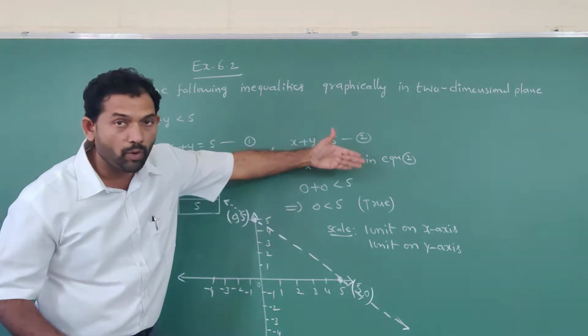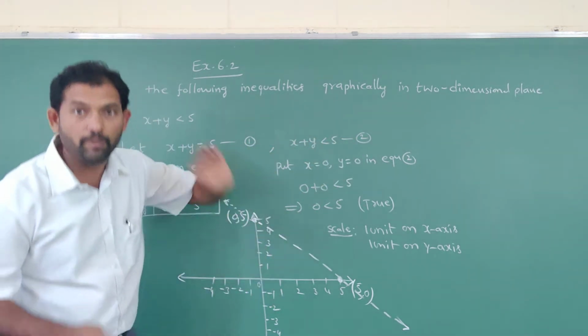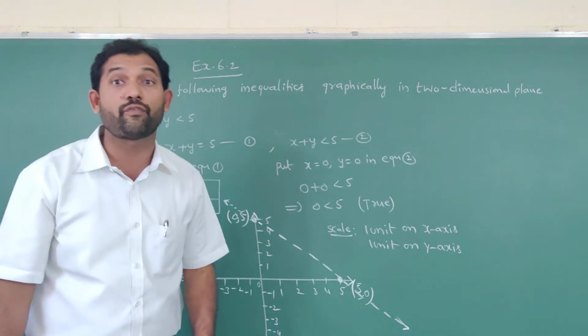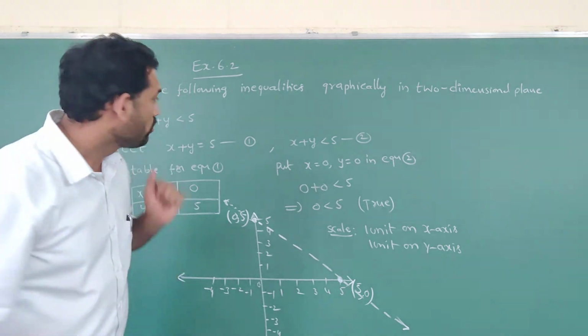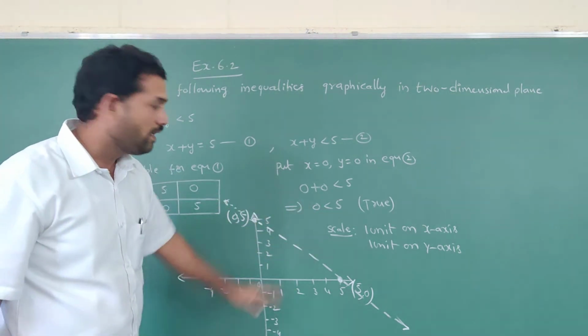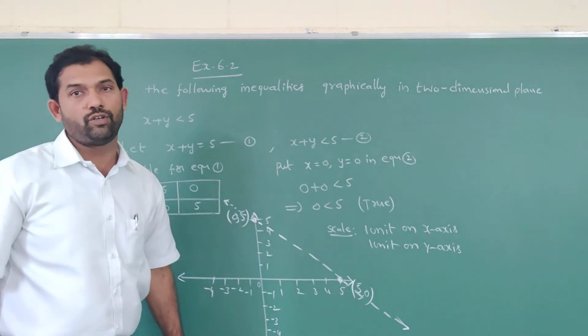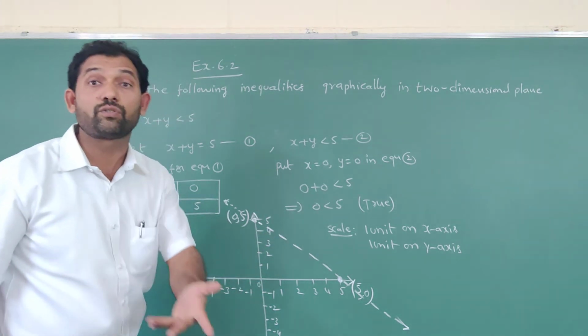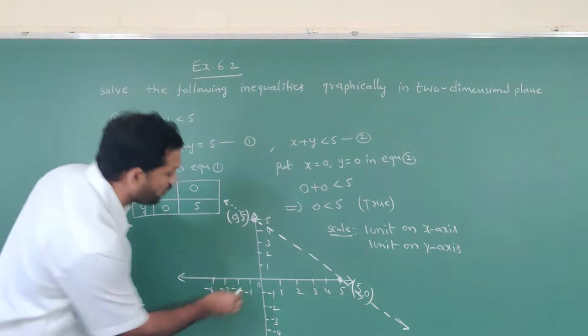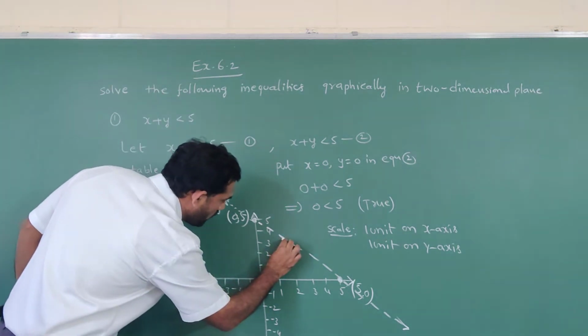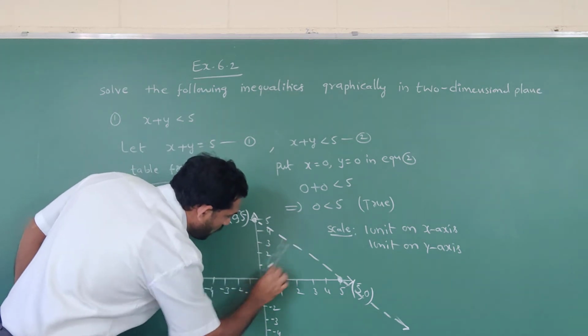So where is our solution present? Our solution is less than, it is true, so the solution is towards the origin. Towards the origin means you have to shade this side.